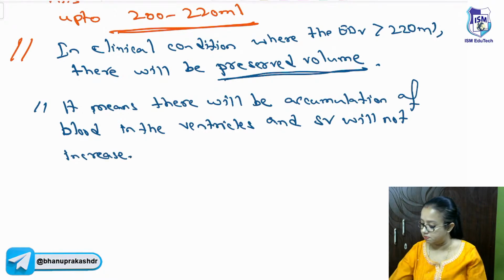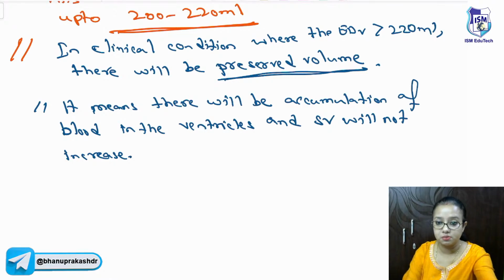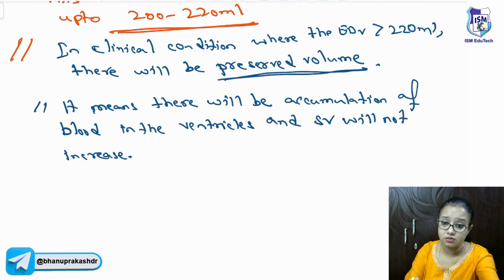So if over a period of time there is filling and accumulation of blood in the ventricle, and there is not enough pumping of the blood from the ventricle, then the heart will stop at the diastole, a condition which is called diastolic failure.